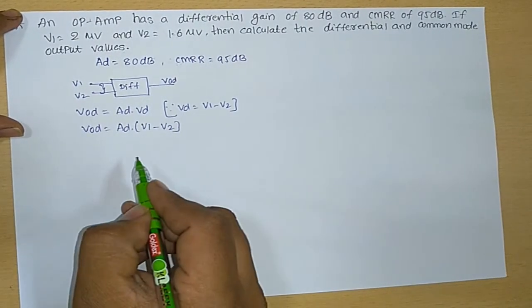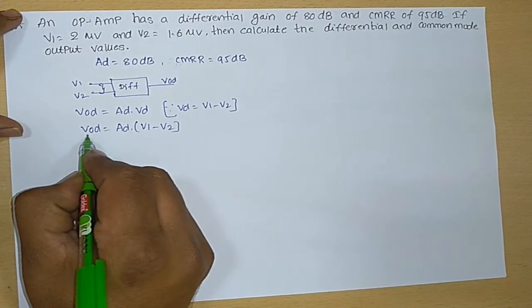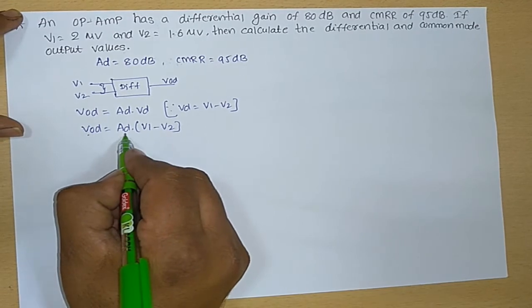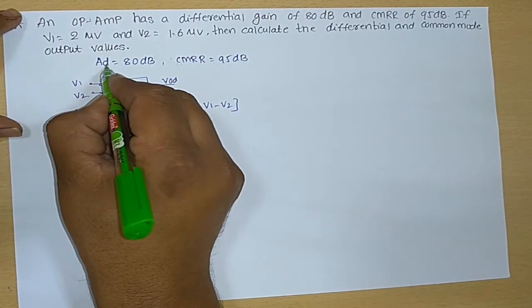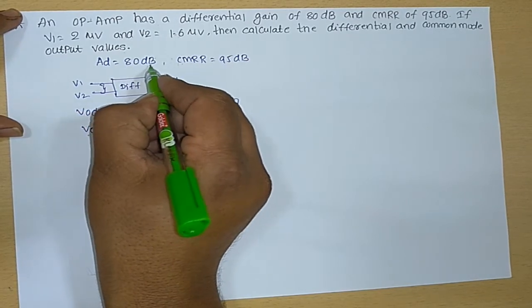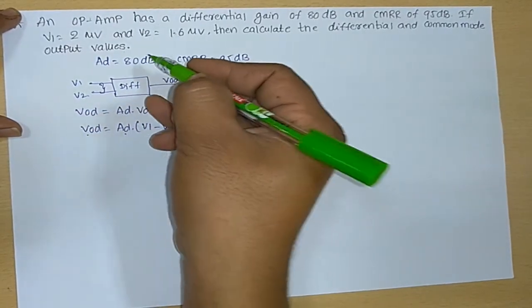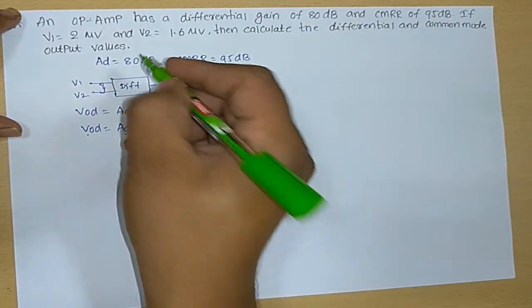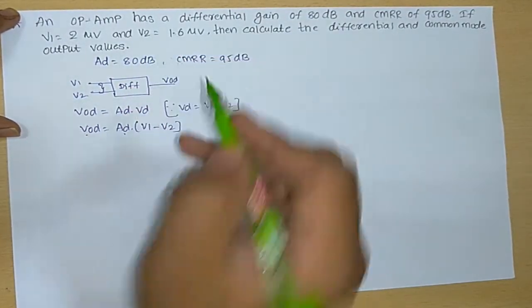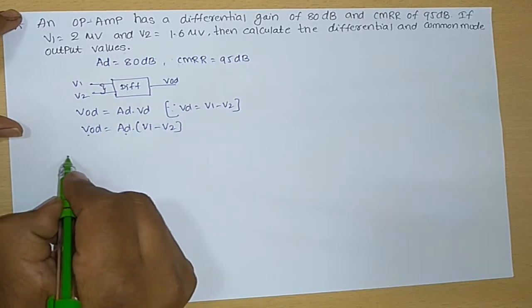To get this output voltage we require the AD value, but in this problem AD is given in decibels, so this value is converted into a numerical value. How do we change dB to numerical?